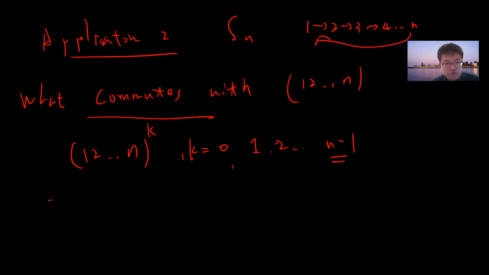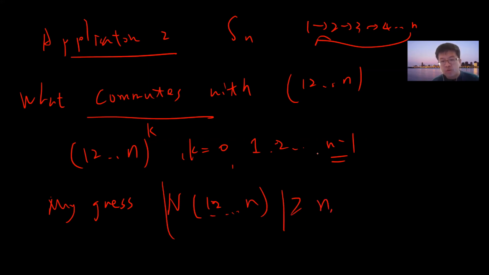So this is my intuition. My guess is that the order of the centralizer N(1 2 ... n) should be at least greater or equal to n, because there are already n elements.